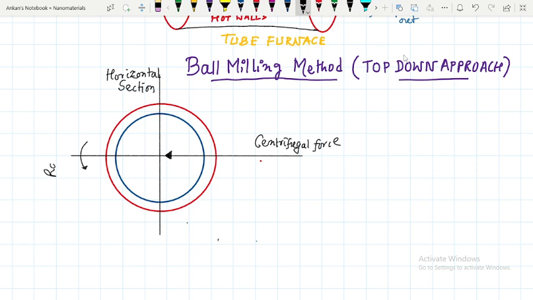The rotation of the grinding ball takes place along this direction, and the movement of the supporting disc takes place along this direction.